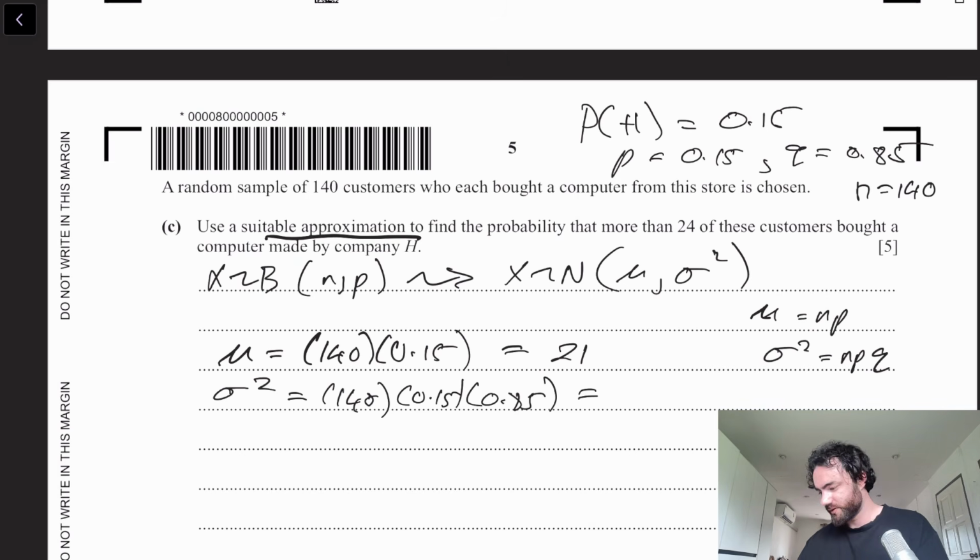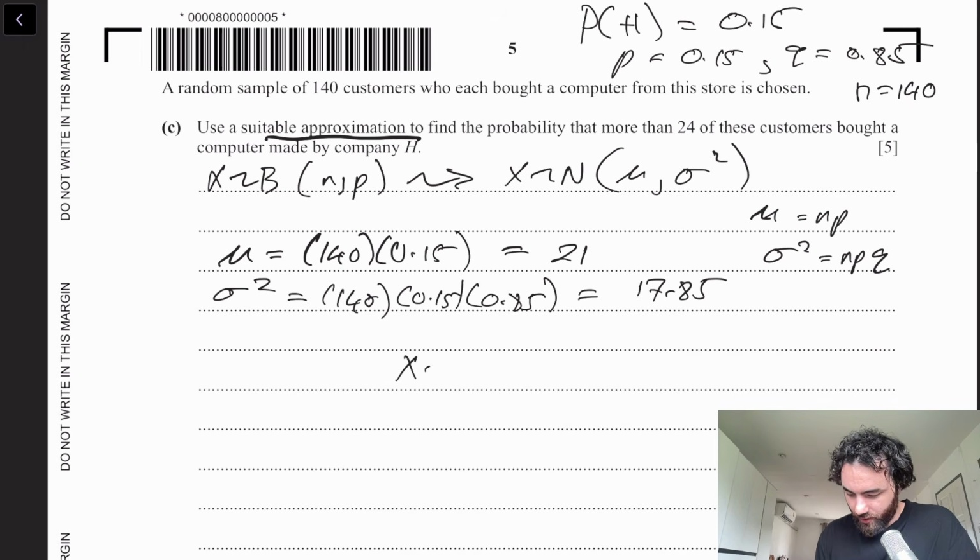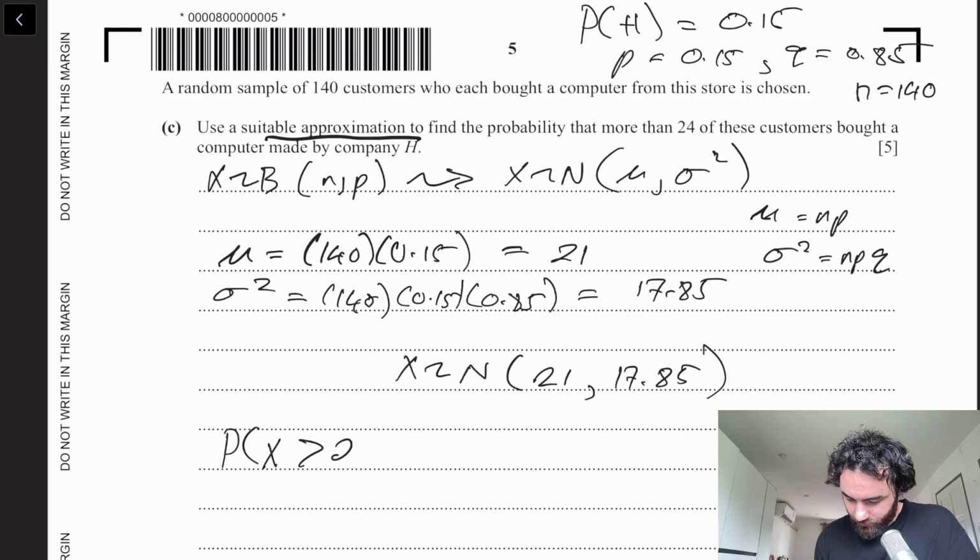So 21 times 0.85, which is 17.85. Okay, so this is our approximate normal, 21, 17.85. And we want to find the probability that X is more than 24.